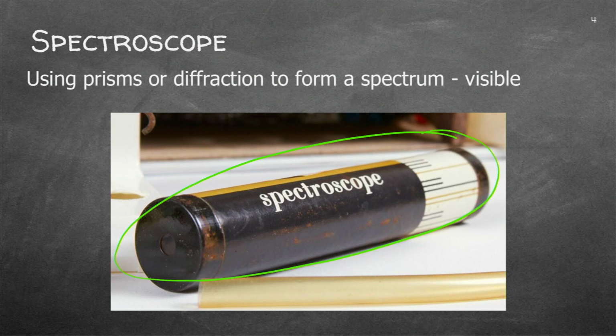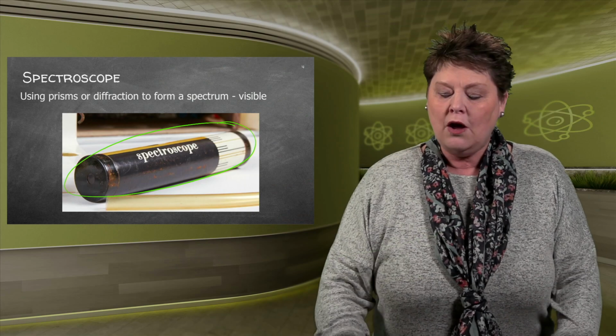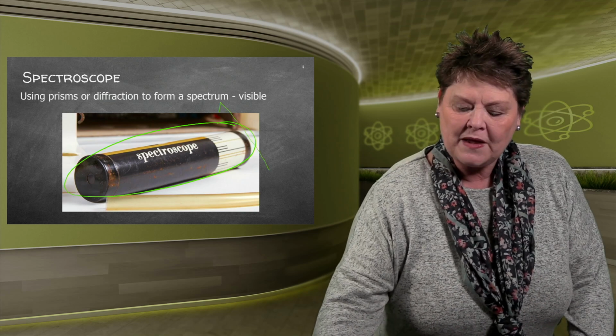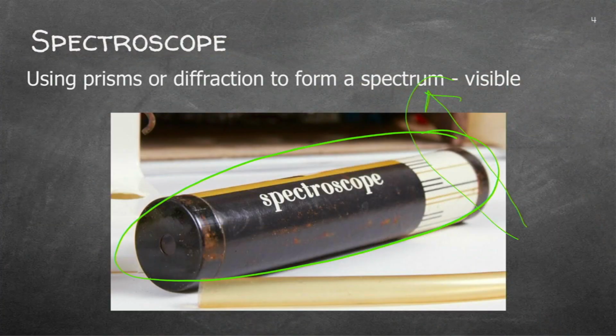We find many others in the chemical industry where we can have gases going through tubes, and you can then look at it with your eye and be able to identify the different elements if you didn't know which compound you are working with.